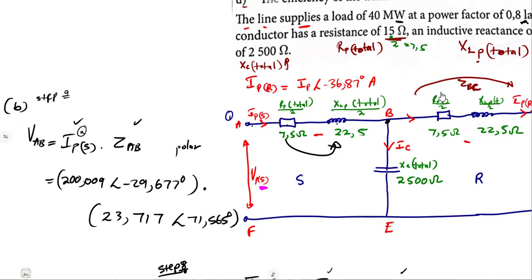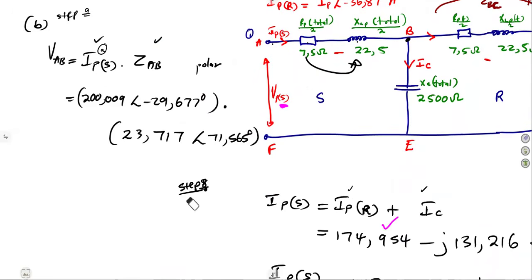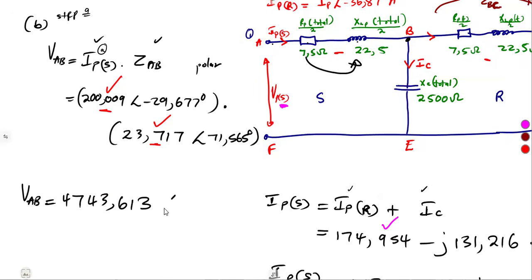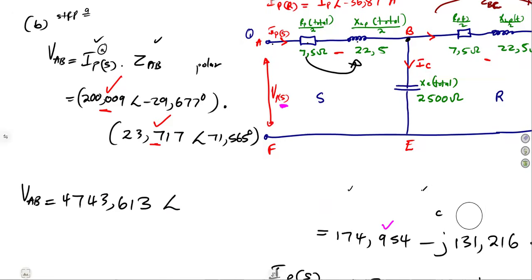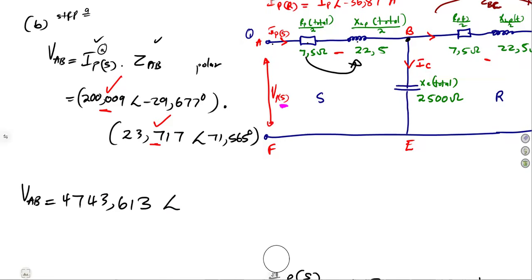So we need the product of the two. Remember your polar form as you are working with a multiplication. Now multiply this one times this one, the magnitudes together. Let's multiply. That was going to give us 4,743,613. And the angles you must add, since this is a product. So you add the angles together, negative this and this 71.